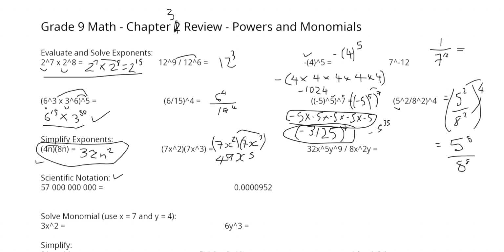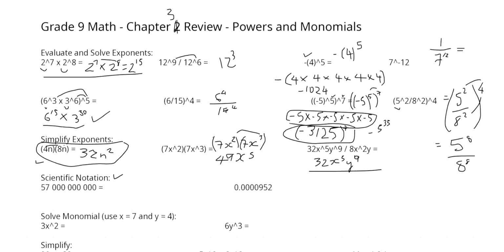So another way of looking at it is 32x to the power of 5, y to the power of 9, divided into, as a fraction, 8x to the power of 2, and then y does not have anything greater than 1.